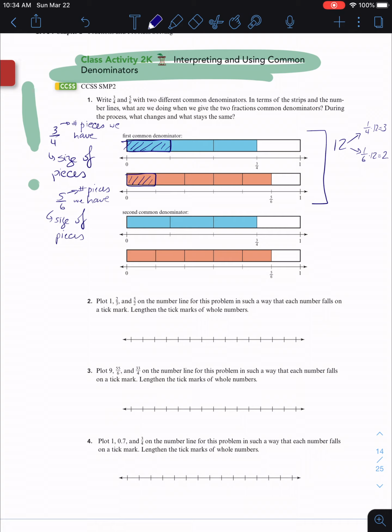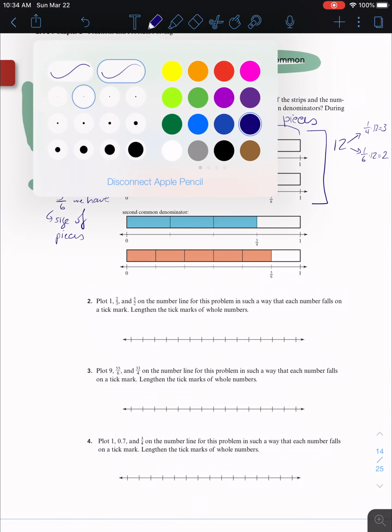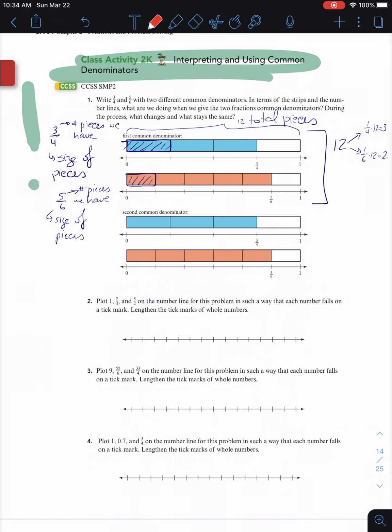So if we had 12 pieces in here, we could figure out how many pieces we would need for a fourth, and how many pieces we need for a sixth. So let's look at 12ths. On the top, if we want 12ths, we would need to break the quarter into 3 pieces.